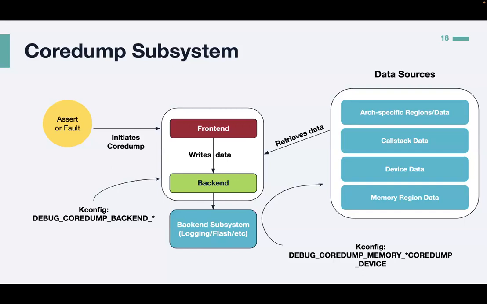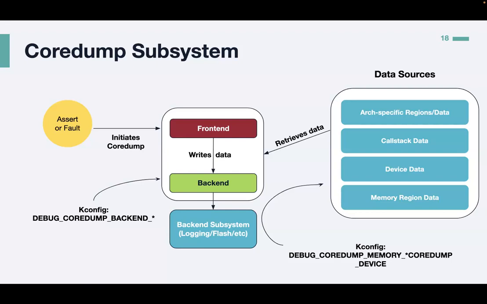So I'll go over an example of this in a little bit, but we can use different device tree nodes to capture maybe peripheral memory in our devices. And then finally, we can also capture just different raw memory regions as well. That'll be things like collecting all of BSS or maybe all of the data region in your firmware.